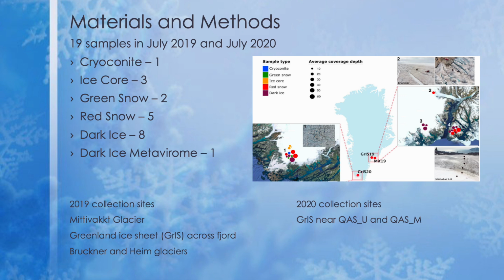Location 2 was on the Greenland ice sheet across the fjord from the Miktivakt Glacier. The 3rd location was on the Buckner and Heim glaciers. In 2020, samples were collected from the Greenland ice sheet close to the QAS-U and QAS-M Promise stations in South Greenland.